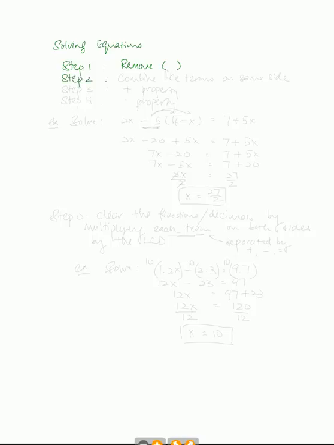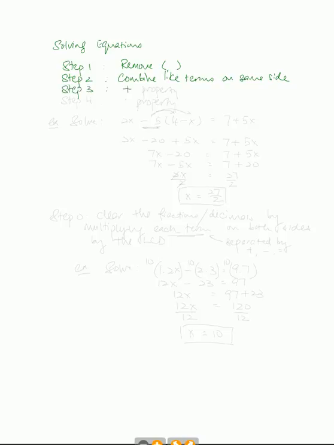Step 2. You should combine like terms that are on the same side of the equal sign. So combine the like terms that's on the left side as well as the like terms that's on the right. Step 3.